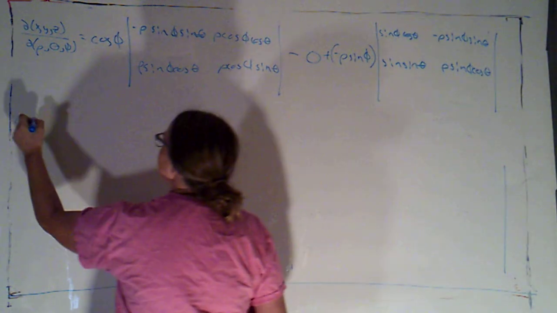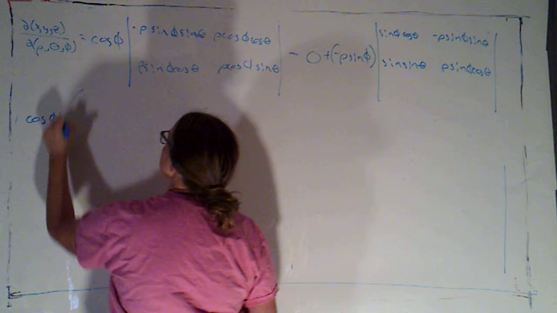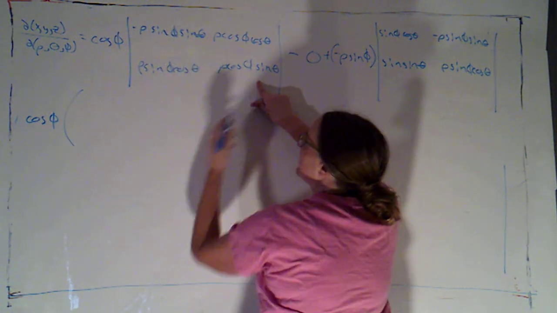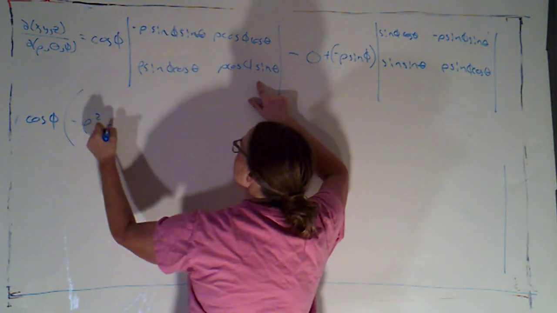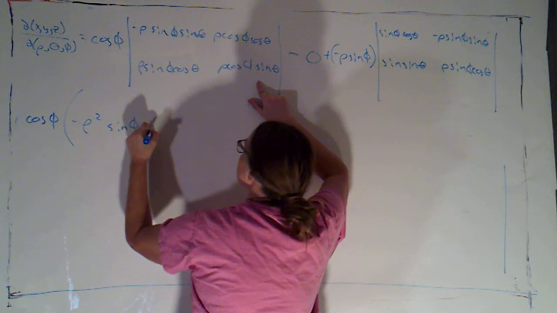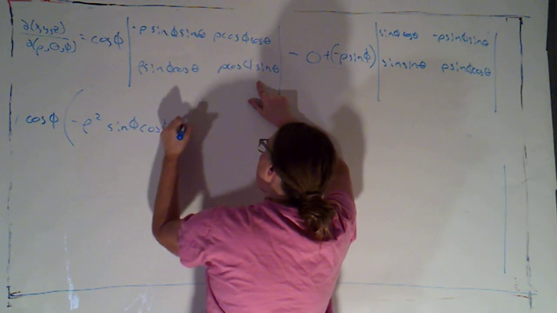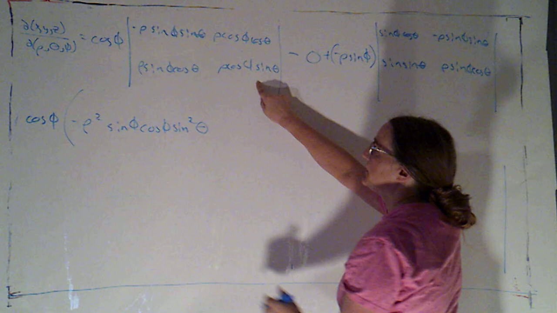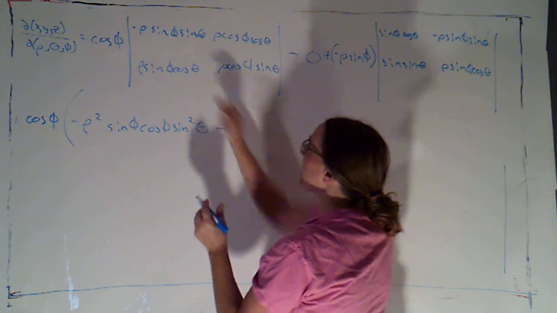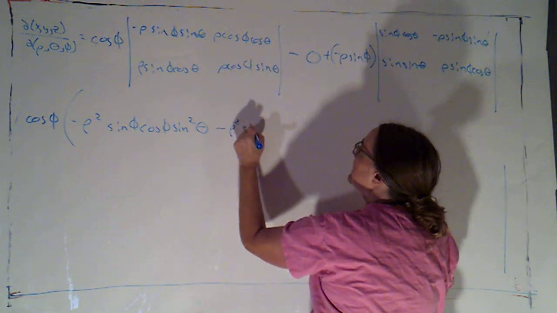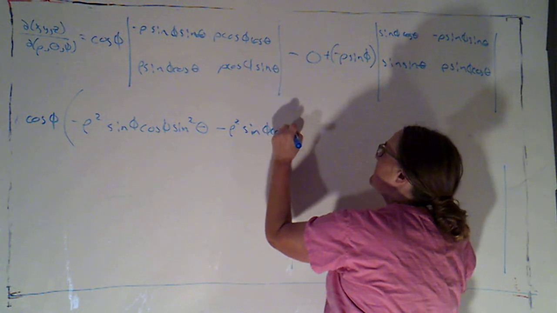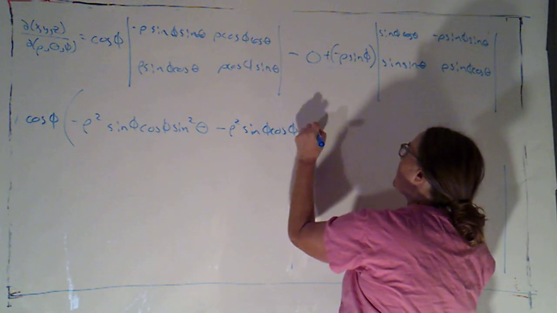So that's going to give me cosine of phi times this diagonal product is negative rho squared sine phi cosine phi times sine squared theta minus this diagonal product is rho squared sine phi cosine phi times cosine squared theta.